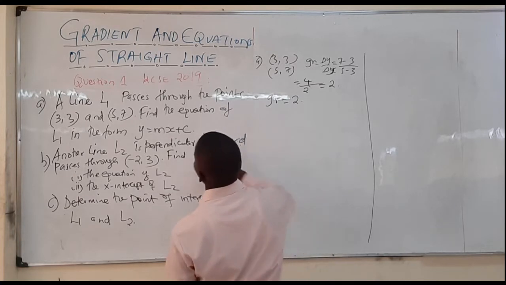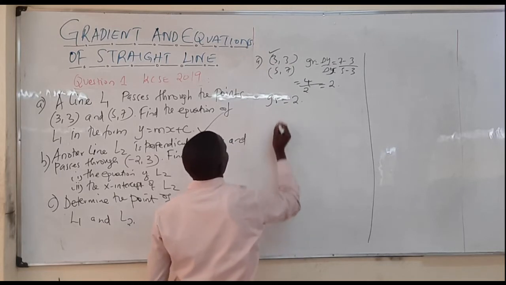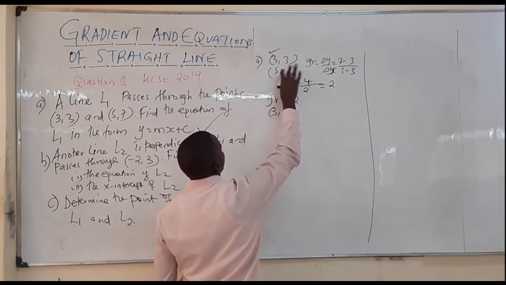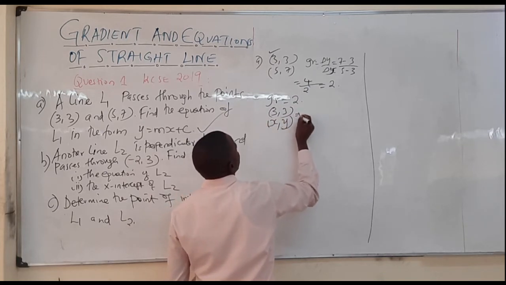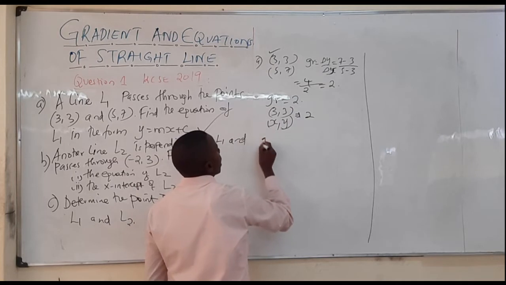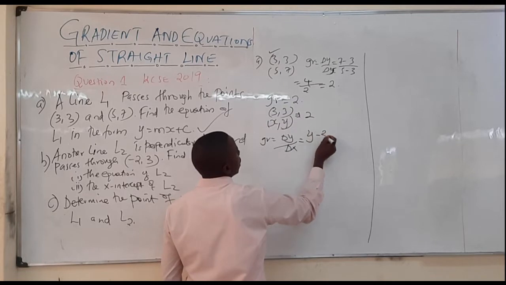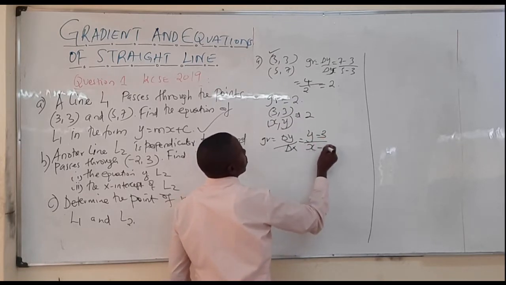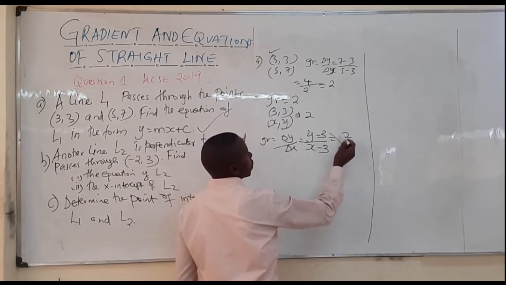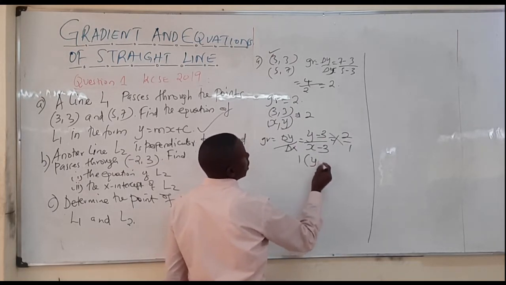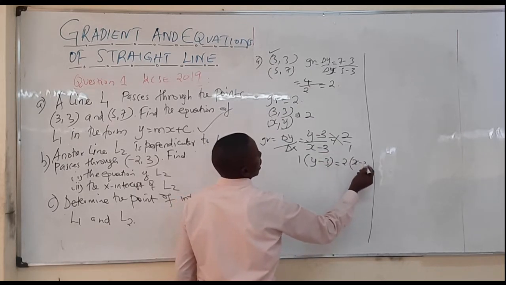Then we want to get the equation of the line. So we take a point like (3, 3) where the line is passing, and an arbitrary point (x, y). The gradient is 2, so change in y over change in x: (y - 3) divided by (x - 3) is equal to 2. 2 is the same as 2 over 1, so multiplying, 1 times (y - 3) is equal to 2 times (x - 3).